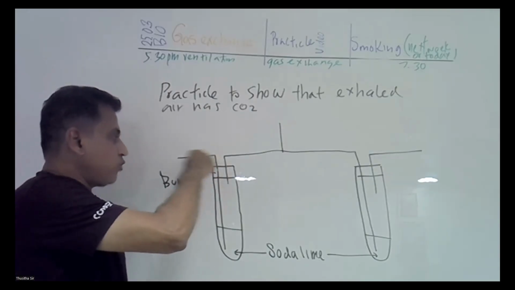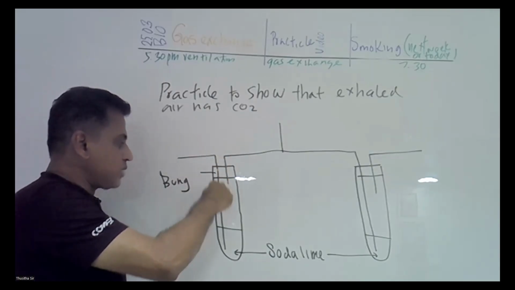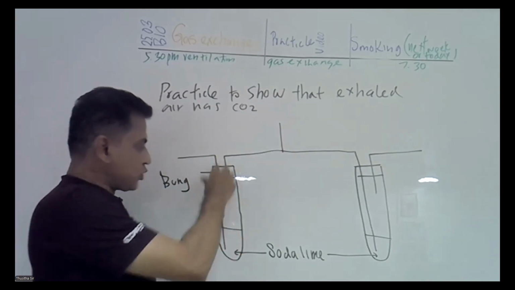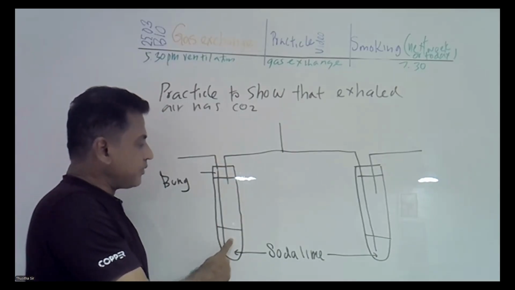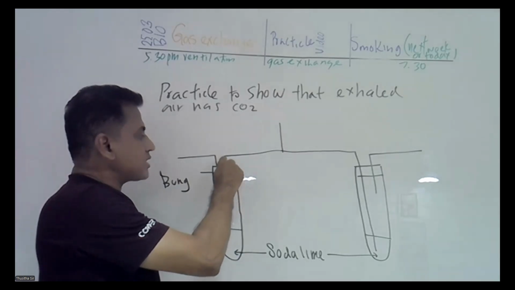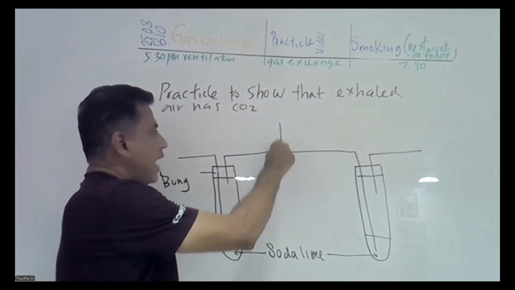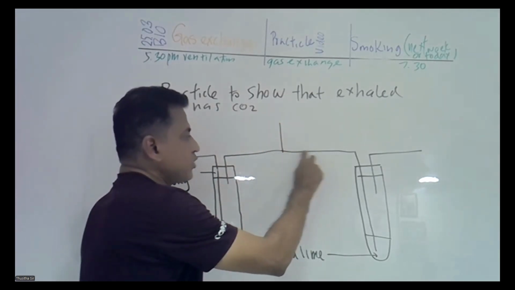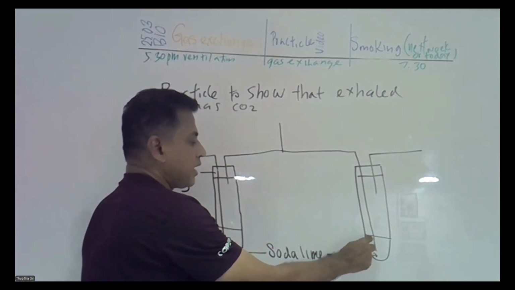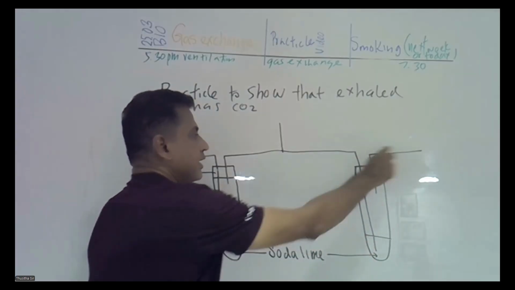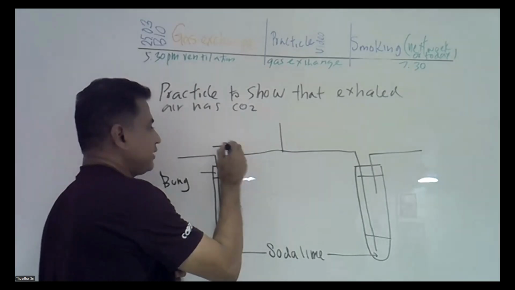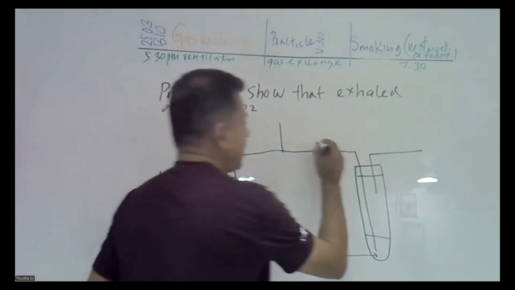In one hole we insert a glass tube like this, and it goes to the soda lime here, and the other one is just in the air. This glass tube goes this way and continues to this side, with the same setup again. The soda lime is here and it's going out. That means air enters here and air goes out.